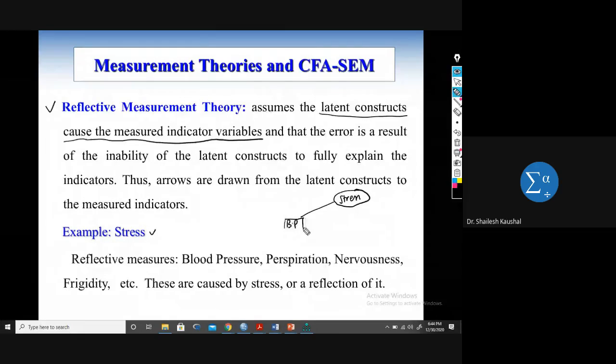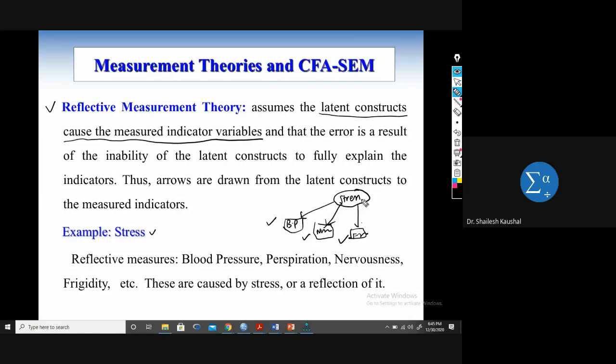If you are highly stressed, your BP will be high, your nervousness will be high, and you feel frigidity. So these are the reflectors. These are reflecting this particular construct.